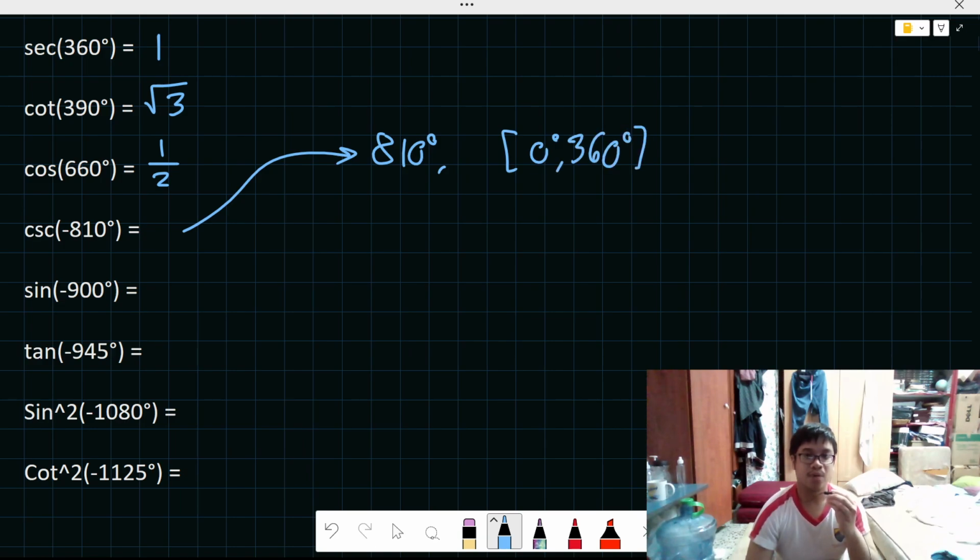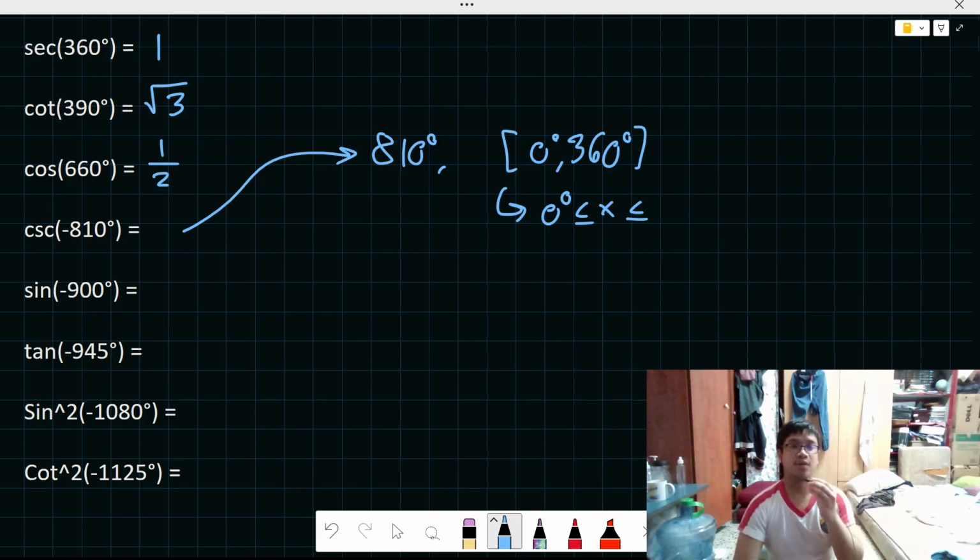By the way, writing the range of the interval like this is the same as x is greater than or equal to 0 degrees but less than or equal to 360 degrees.